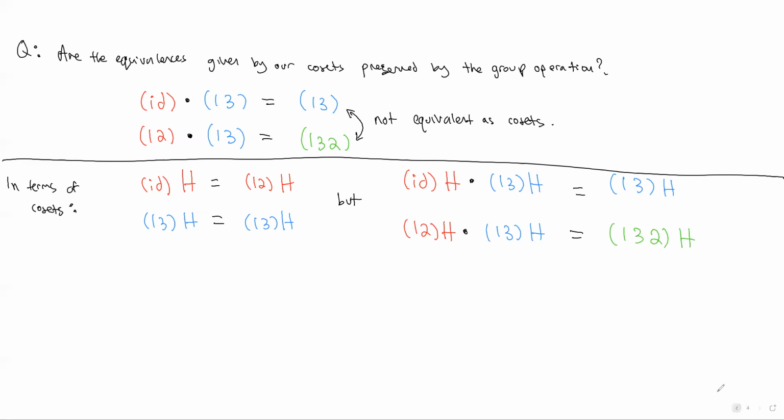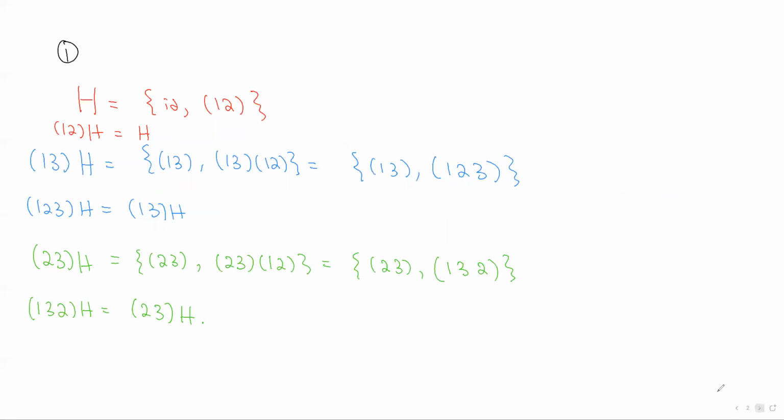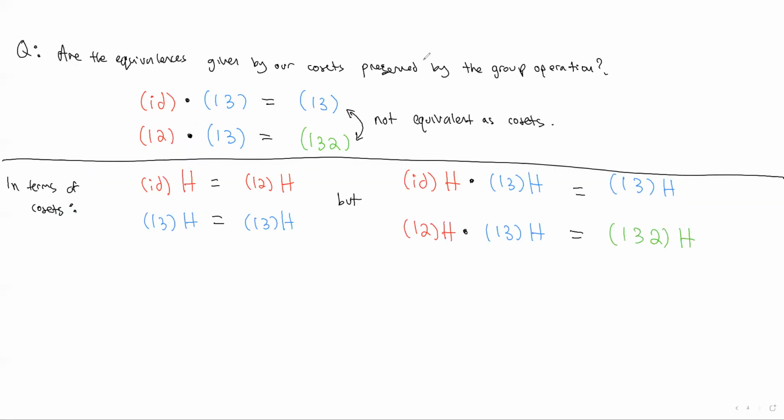Let me do another one. Let's do (1 3) times (2 3). So (1 3) times H is equal to (1 2 3) times H. And obviously (2 3) times H is equal to itself.